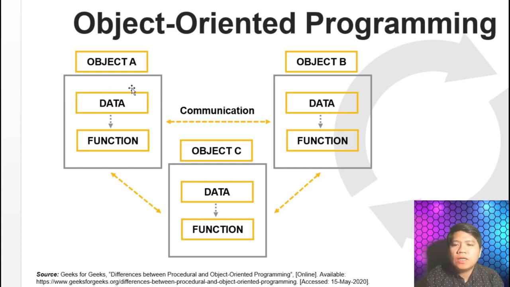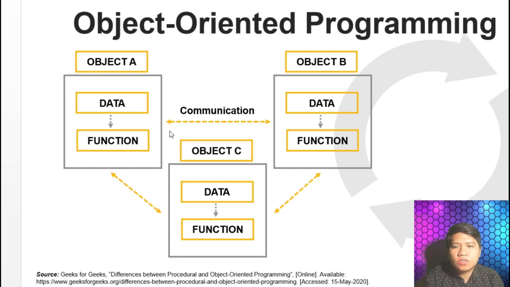For every object or class in OOP, you have to define its data and functions, and you communicate from one object to another using functions. For every object, you have functions, and to communicate from one object to another, you need to use the function of a specific object.